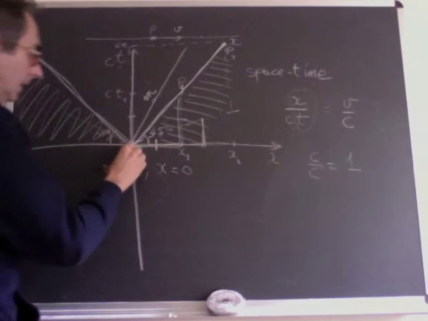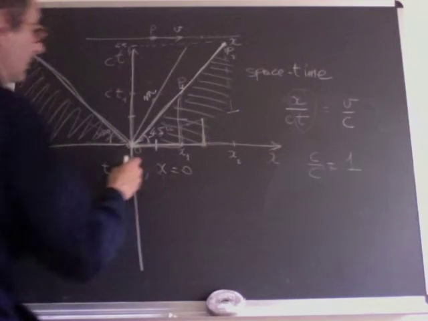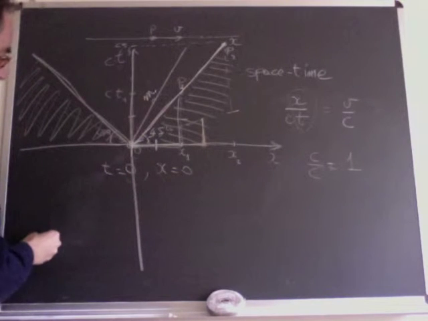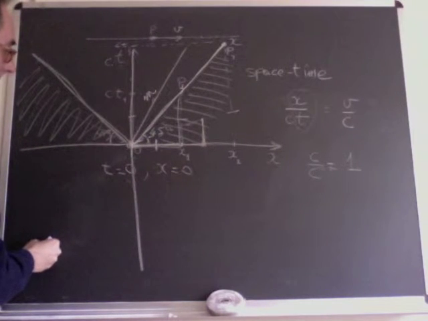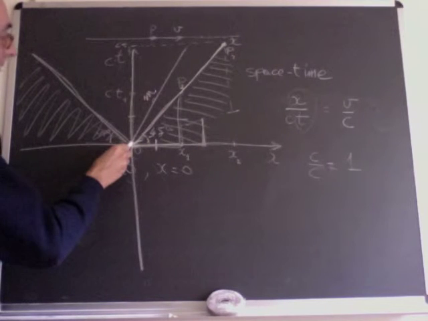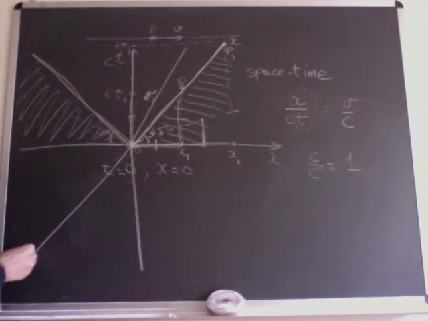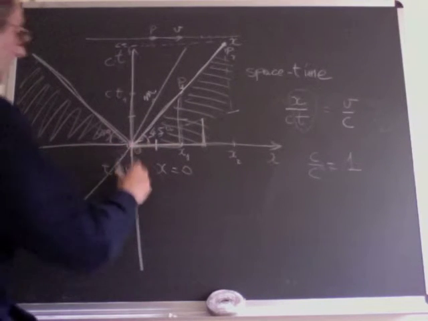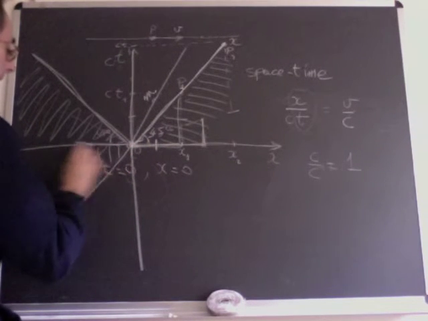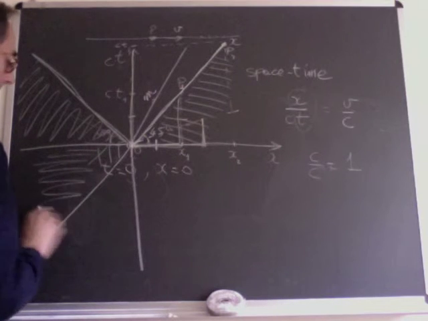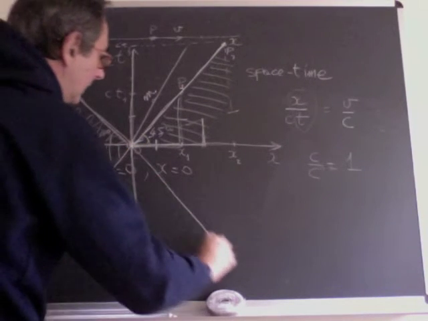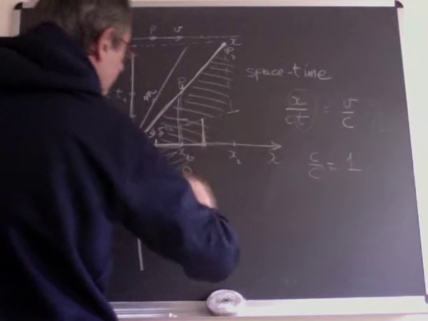Well, it is the same in the past, because a light beam coming from the past cannot go faster than c, and this is the straight line. So nothing can go like this, that is excluded. The same on the other side, in the other direction.